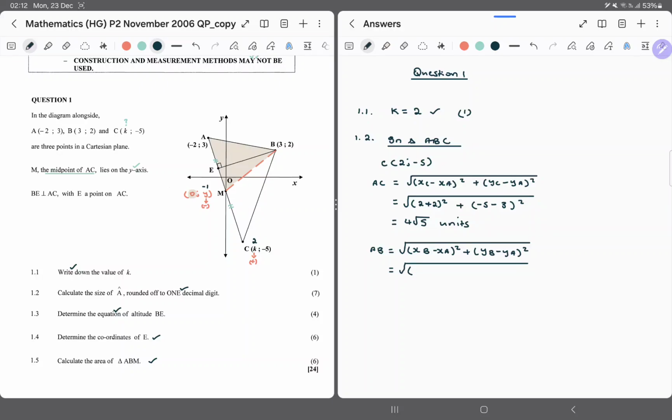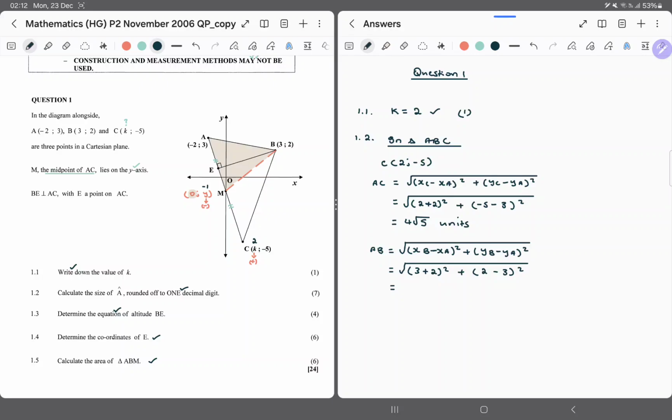But the danger is that if you don't have a structure, you are most likely going to make a mistake and not see it. And therefore you lose marks because of just carelessness. So don't be lazy. X at B is 3 minus x at A. It's going to be +2 all squared. Plus y at B, it's 2 minus 3 all squared. So be meticulous, guys, because these are easy questions, honestly speaking.